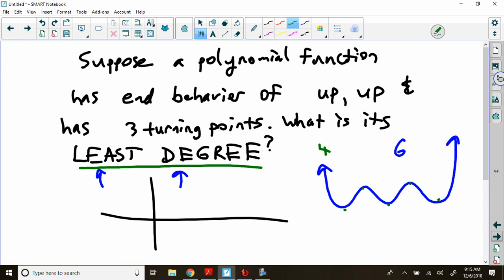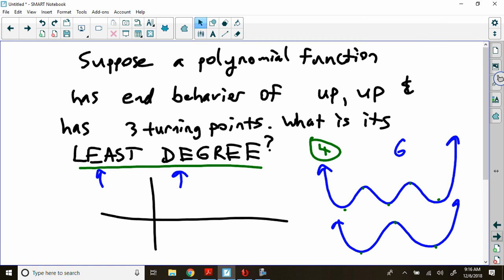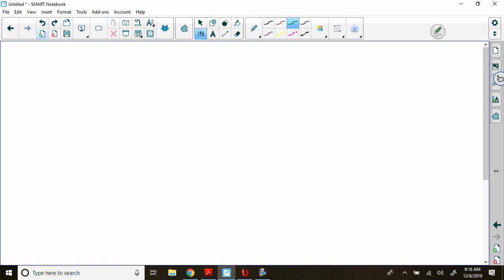A 6-degree polynomial could also look like this. A 6-degree polynomial could also just have 3 turning points. But the question says, what's the least degree? See how that language narrows it down to just a 4? That makes sense? Okay. I know some of this stuff's kind of wild. So let's see if we can figure this out.